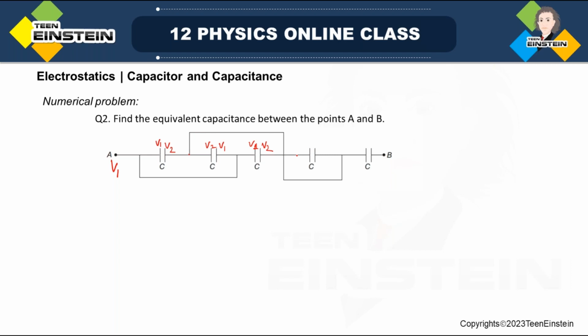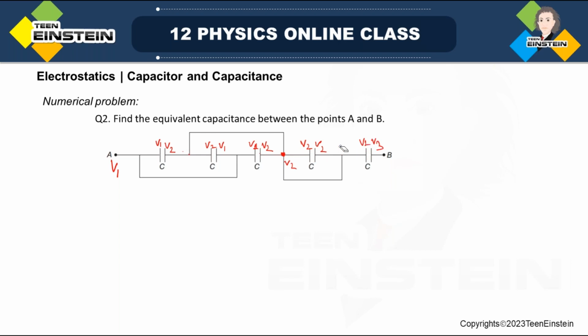This V2 is going here also, so this plate is at V2, and this plate is also at V2. What about this plate? The same V2 is going and connecting here, so this plate also will be at V2, and this is V3.